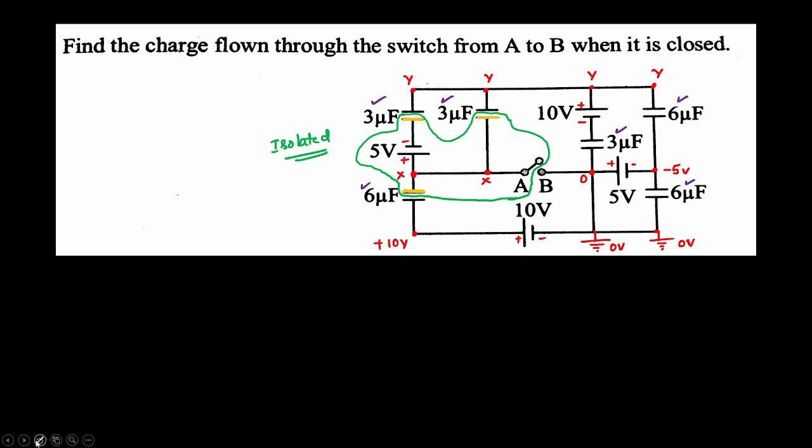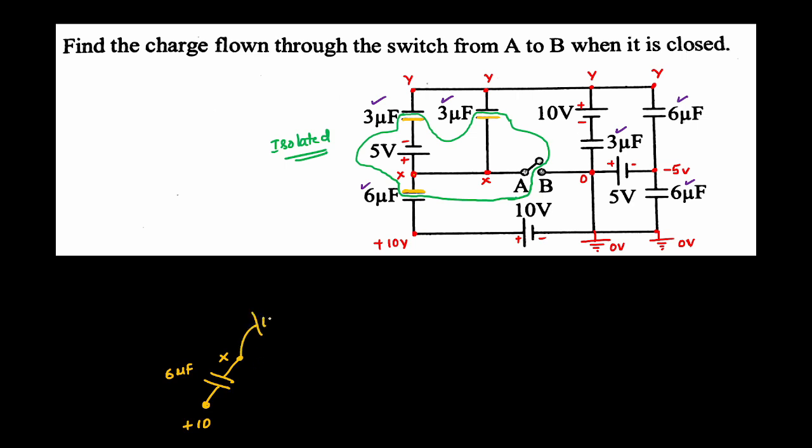So what I will do is first redesign the circuit so that we can have a better command on it. Let me take this at X potential. From X potential, we have a capacitor which is 6 microfarad, and that is connected to a potential of plus 10 volts. Then X has two branches.